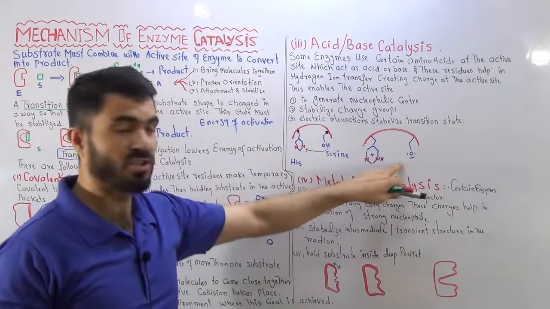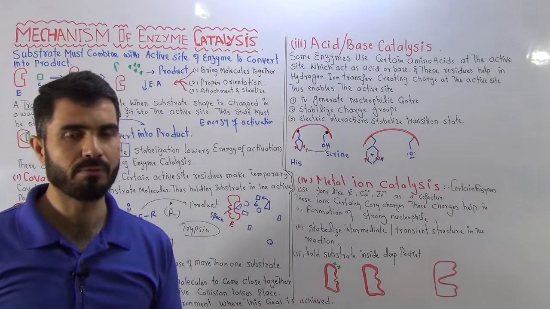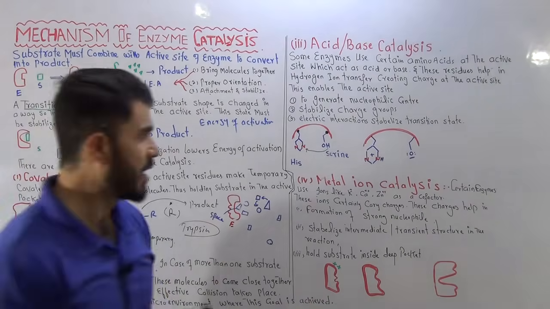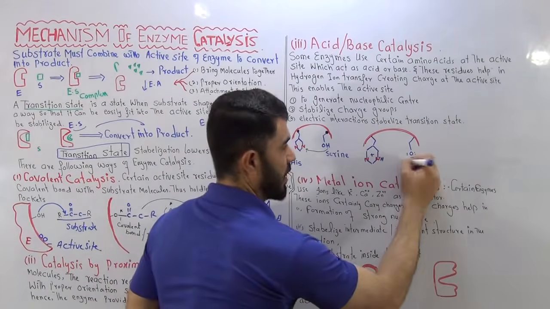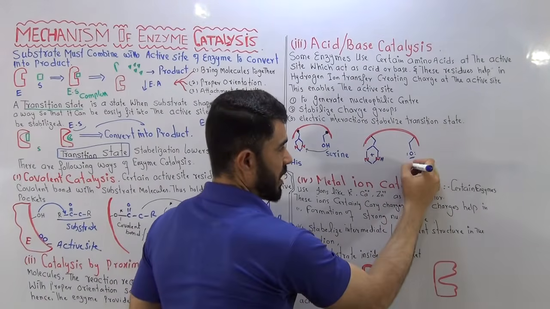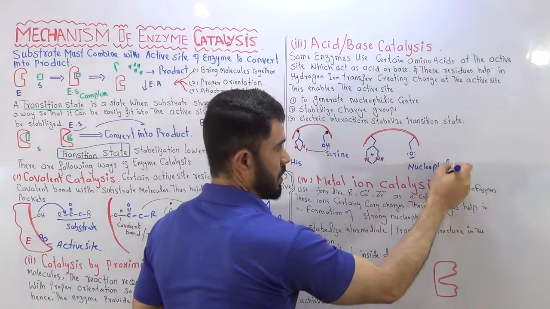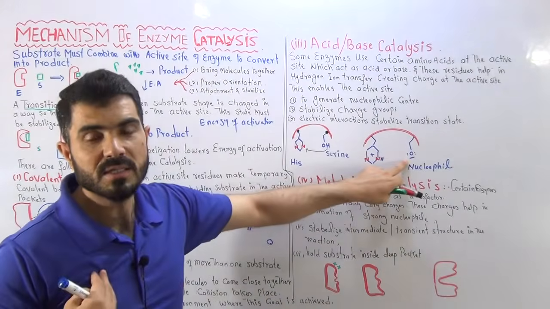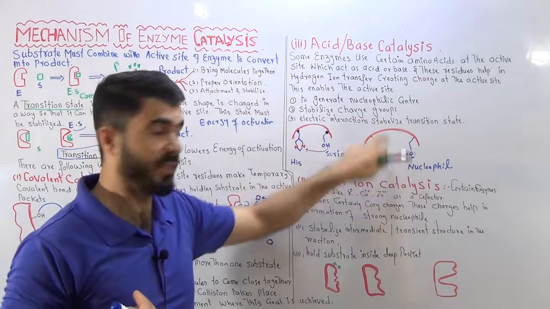So here we have the charges. Now here I used one word, nucleophile. What is meant by this word, nucleophile? Don't worry about the word. A nucleophile is a group having negative charge. This is your nucleophile. So we want a negatively charged group on the active site.